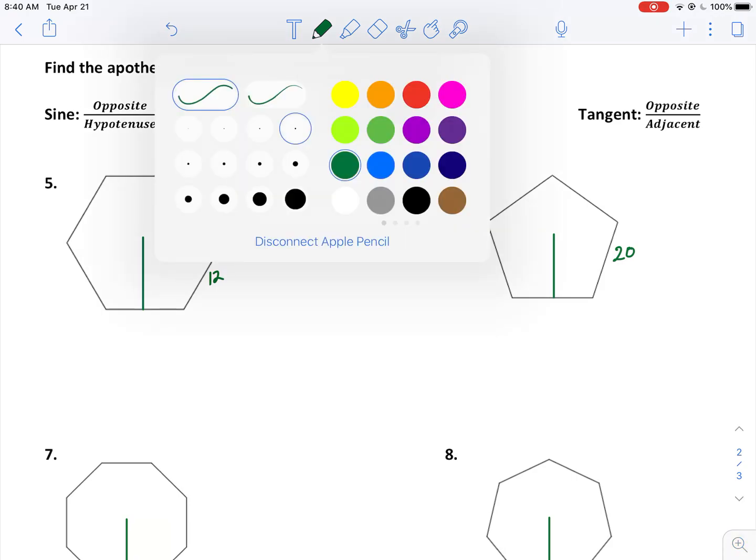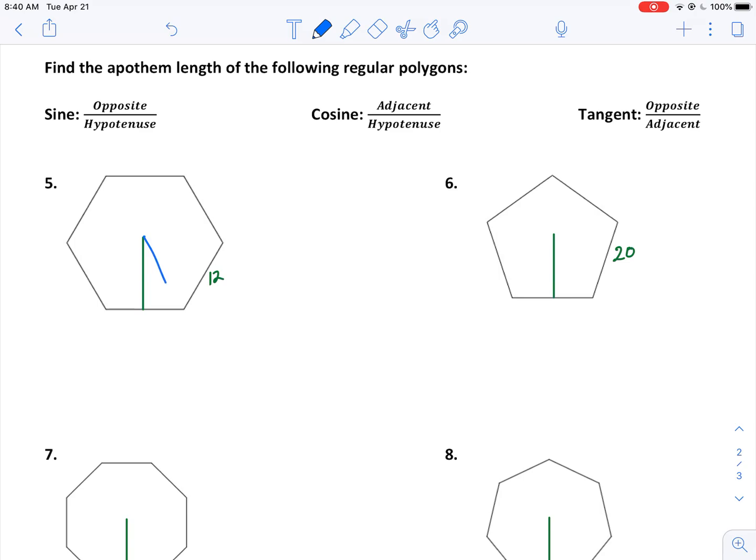And here I've got 60 degrees, or 360 divided by 6.